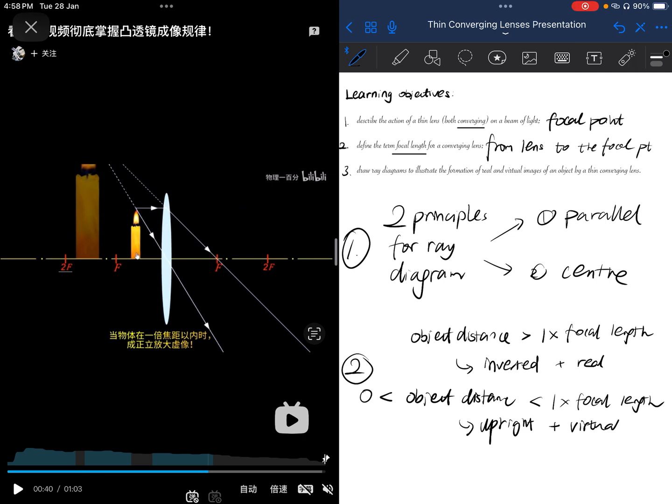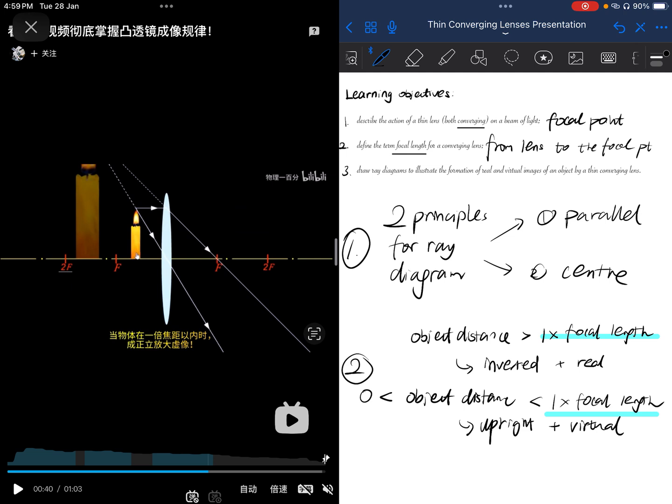Very good. And thus, you are able to see that the 1 times focal length plays a very, very important role in the context of converging lens.